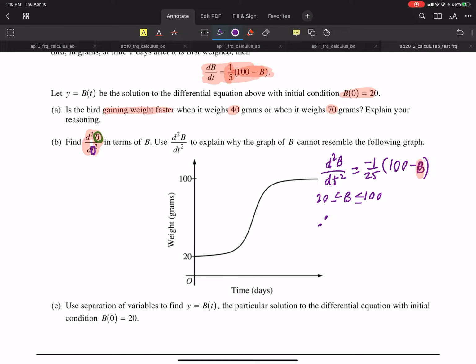If that's true, therefore, if we plug that in here, the second derivative will always be negative. If that were true, b should always be concave down. So therefore, b is always concave down.